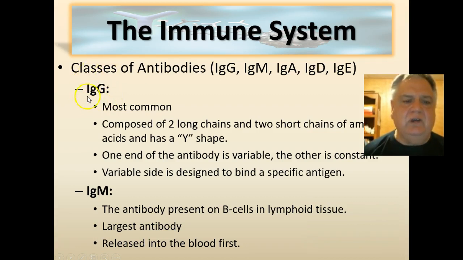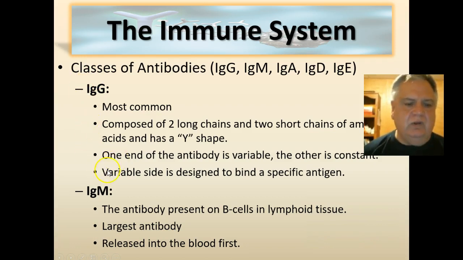These IgG antibodies are much better at recognizing the antigen than the initial IgM antibodies are. So the IgM antibodies are released first by the plasma cells to get a quick development of antibodies into the system, but later the IgM antibodies are replaced by IgG.